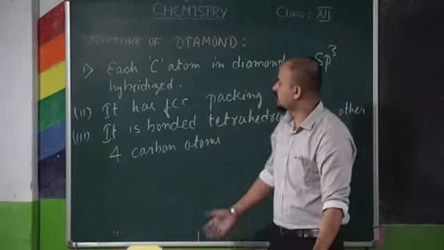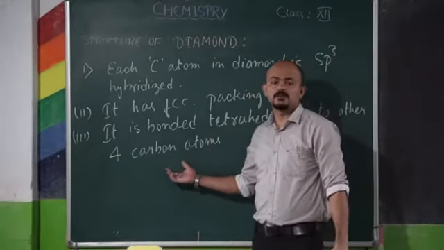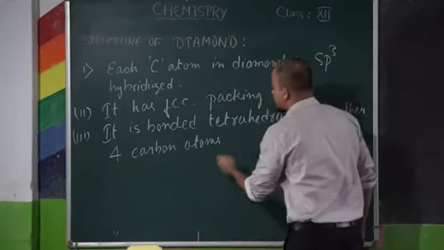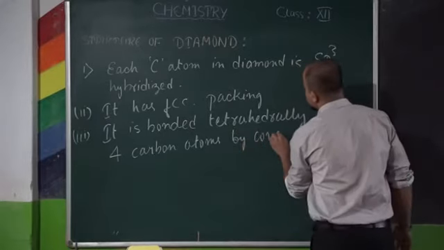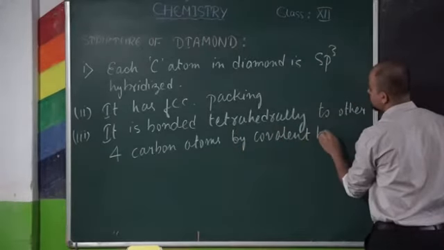By what kind of bond? You know carbon always forms what? Carbon always forms covalent bonds. So to 4 carbon atoms by covalent bonds.